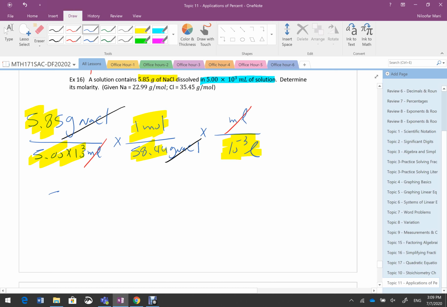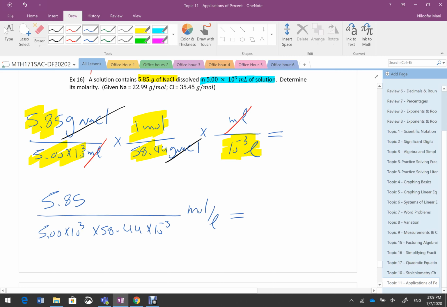I just have to calculate. So it's 5.85, that's just top, divided by this, multiplied by this, mole per liter, which is molarity. When you find the answer, let me see how many. I need 3 significant digits. Here I have 3 significant digit, 3 significant digit, 4 significant digit, and these are exact.